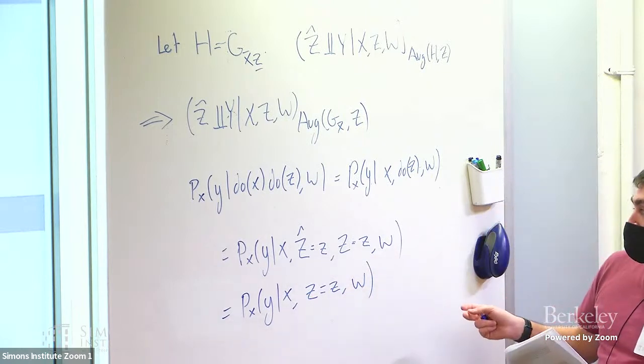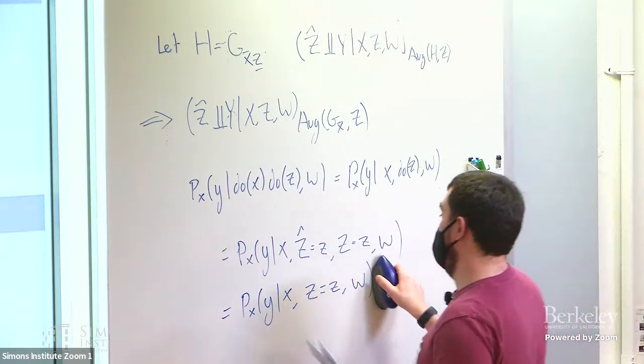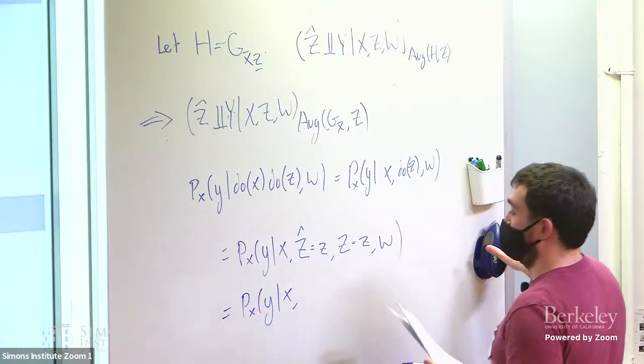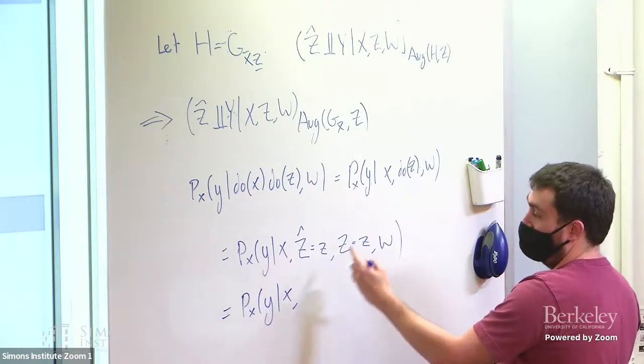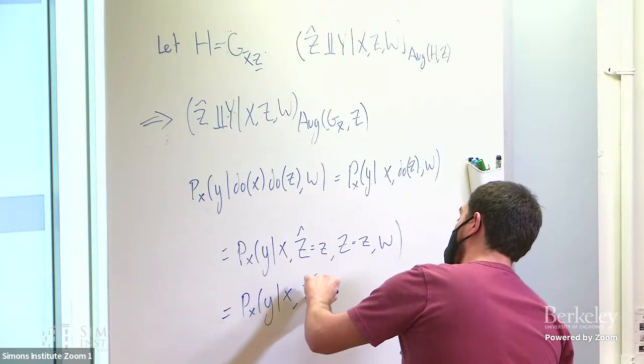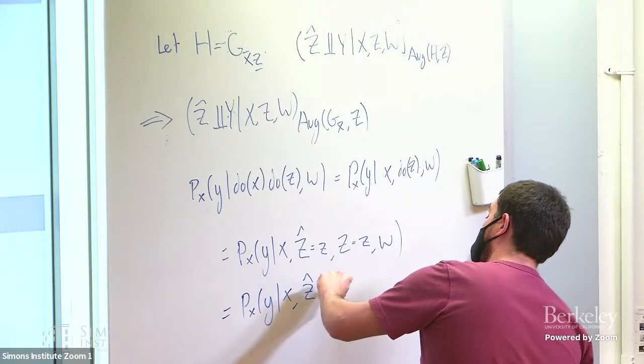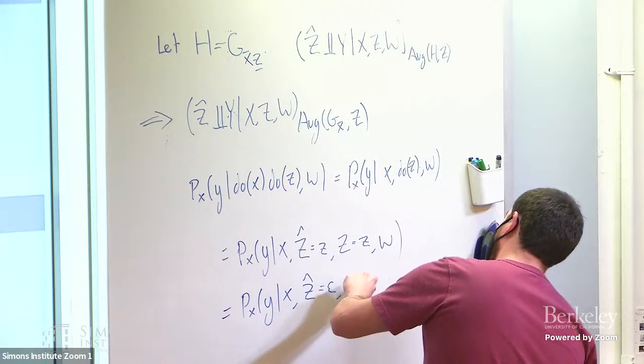And sorry, I skipped a step, which is if Z hat is conditionally independent from Y given everything else, then I haven't changed anything when I set Z hat equal to epsilon.